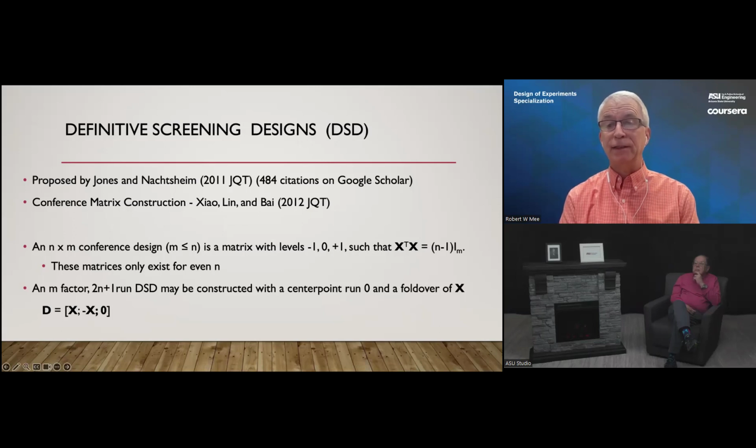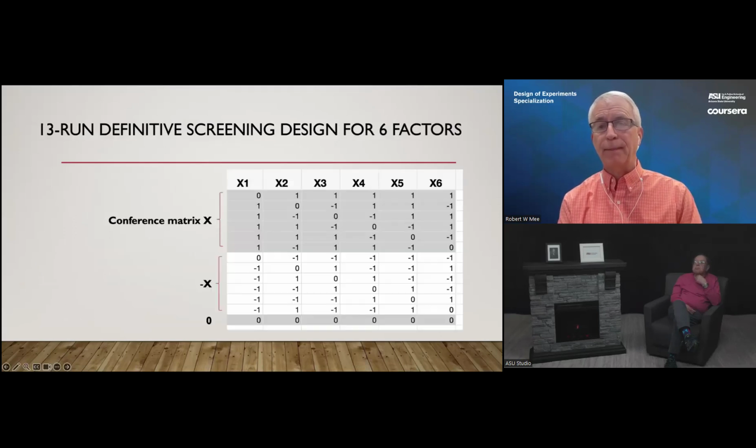Minus X is where we reverse all the columns, and then we append to that at least one run at the center point level.